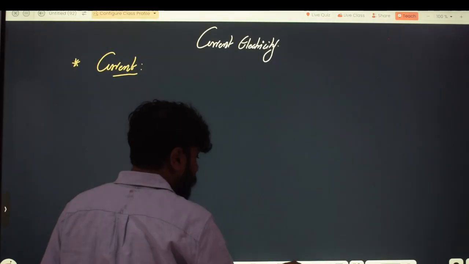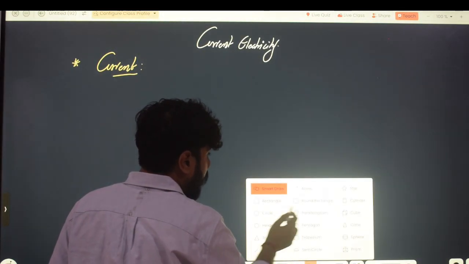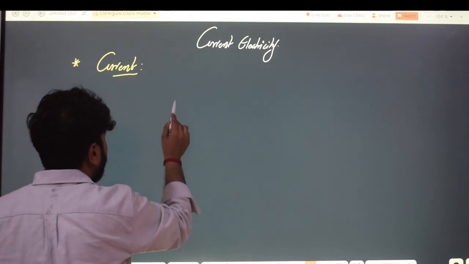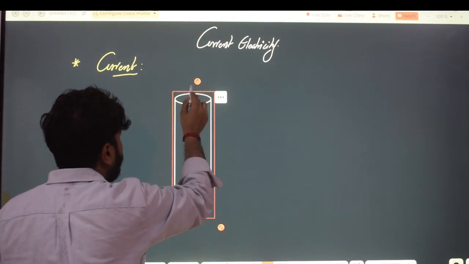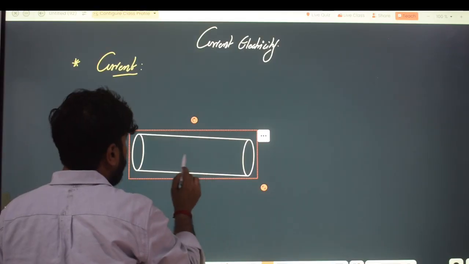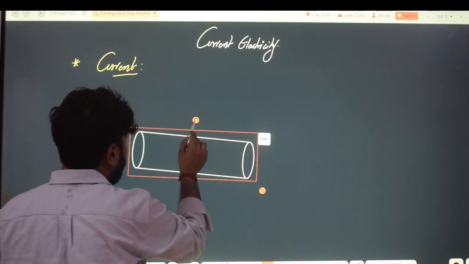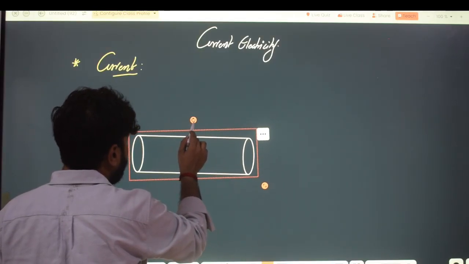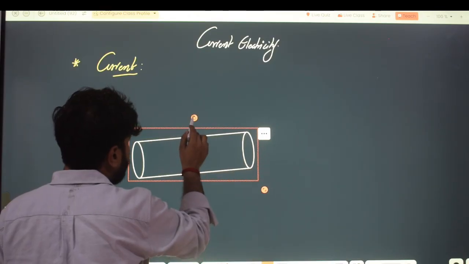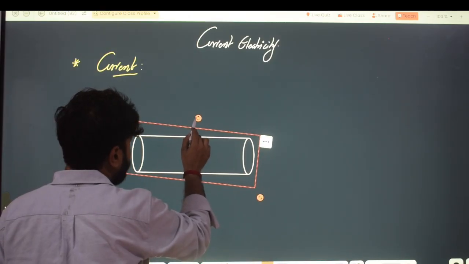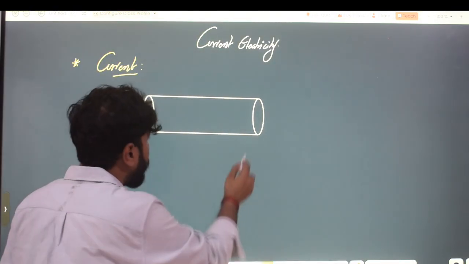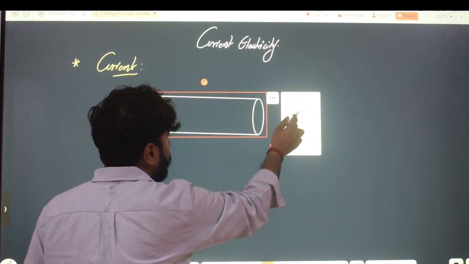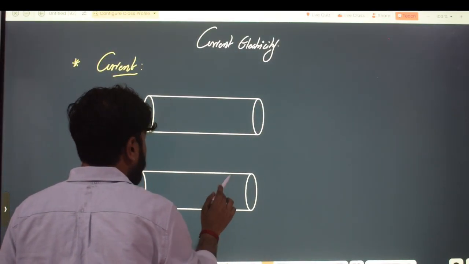So for instance, let's say we have a conductor in the shape of a cylinder, and we'll draw the picture of the cylinder in two instants. This is instant 1, this is instant 2.